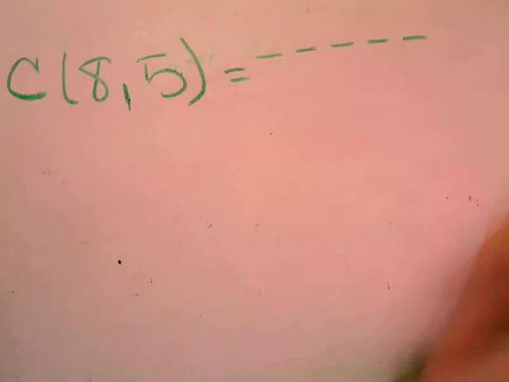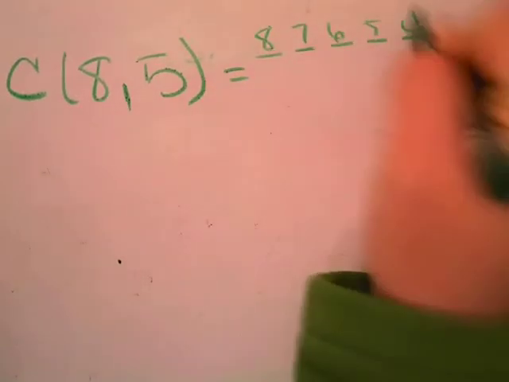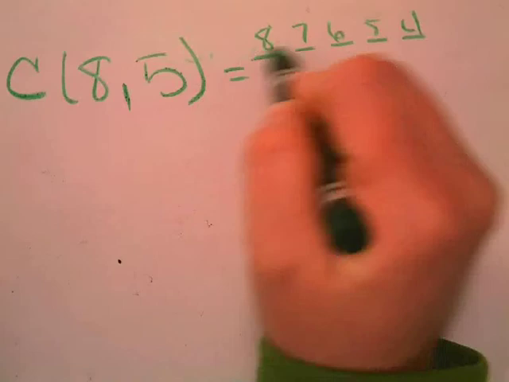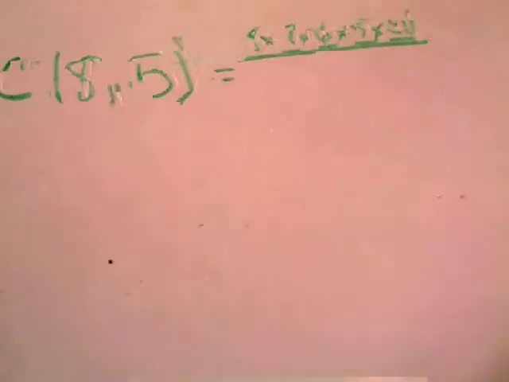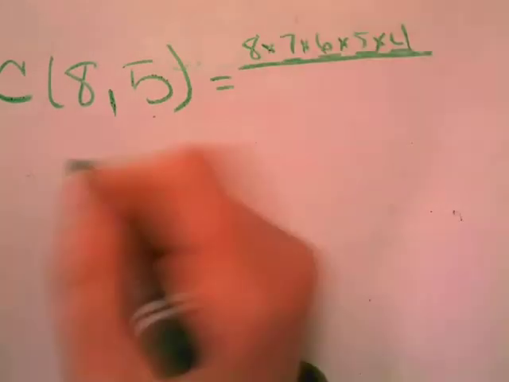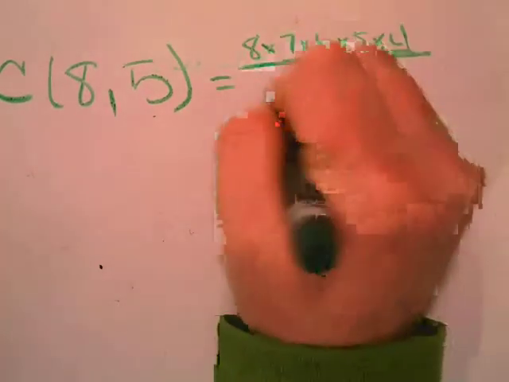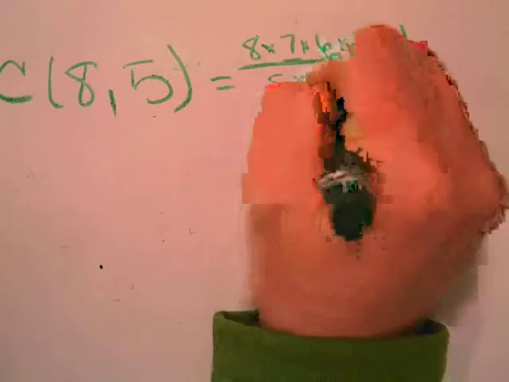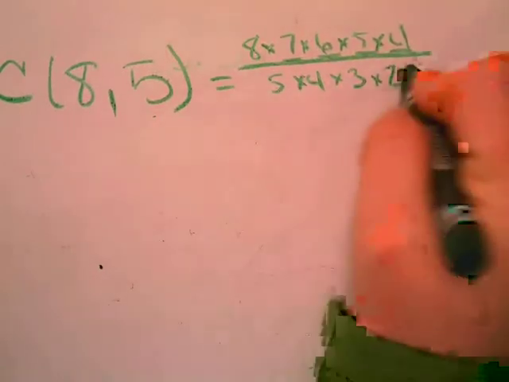So we have 5 slots, 1, 2, 3, 4, 5: 8, 7, 6, 5, 4. And then we take that number and we divide it by the number of possible arrangements, which is 5 times 4 times 3 times 2 times 1.